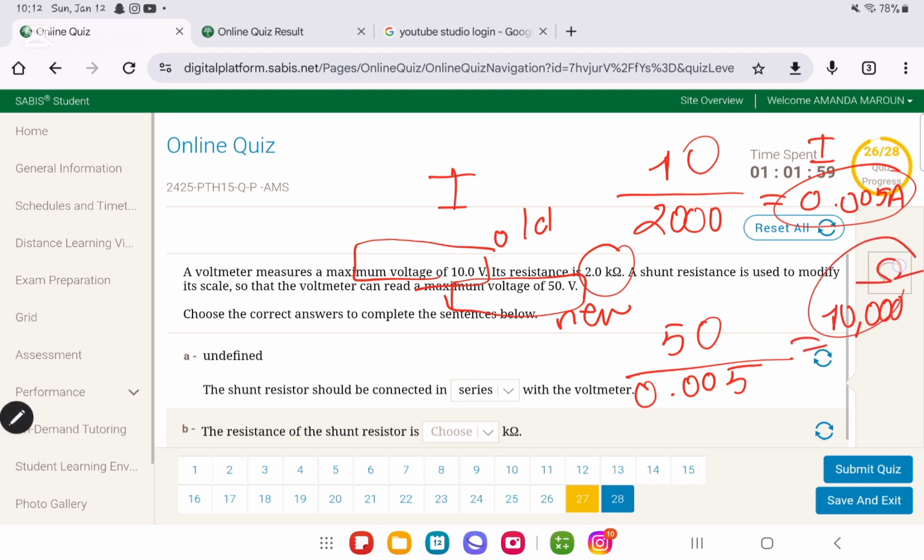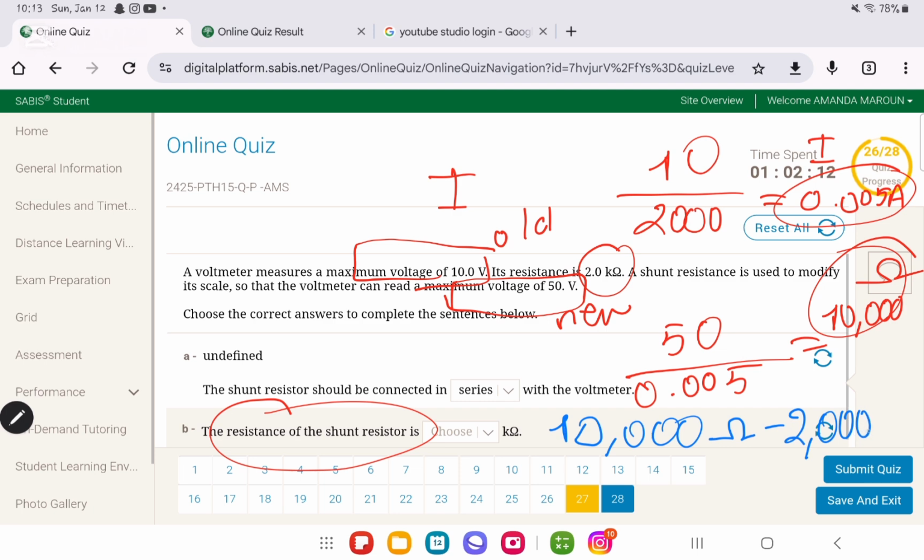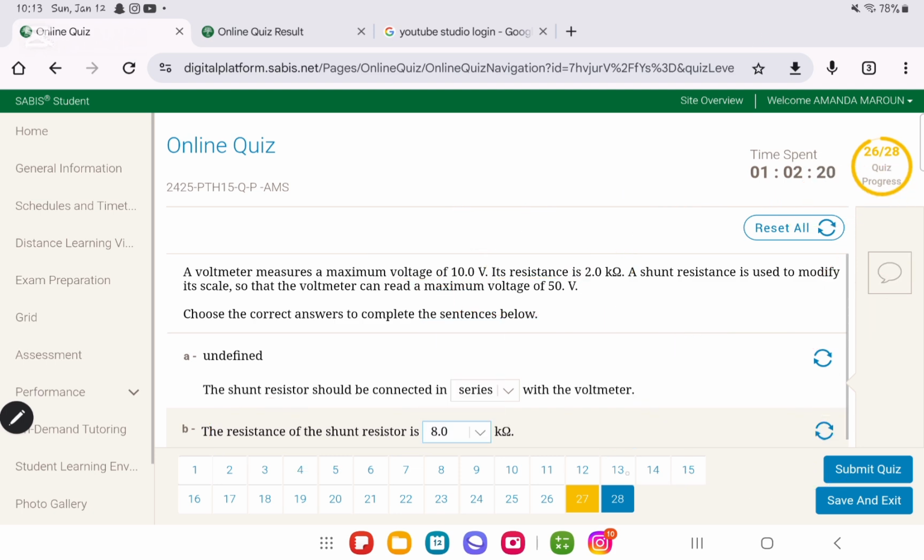So this is our new resistance. Now, to find the resistance of the shunt resistor, it's very simply the new resistance, which is 10,000 ohm, minus the old resistance, which is 2000 ohm. So that gives us an answer of 8,000 ohm, which in kilo ohm is 8 kilo ohm.